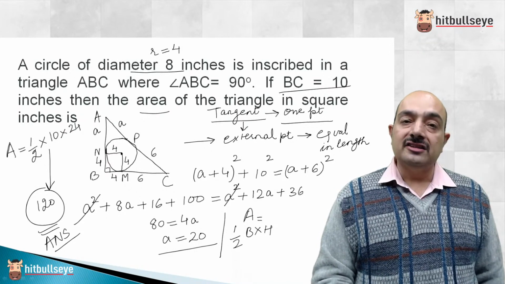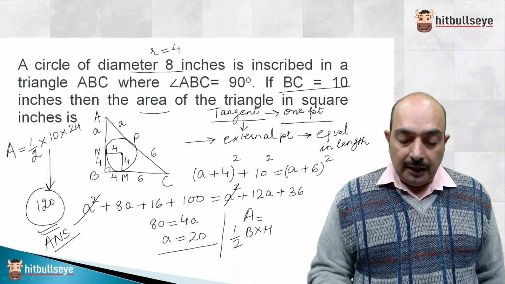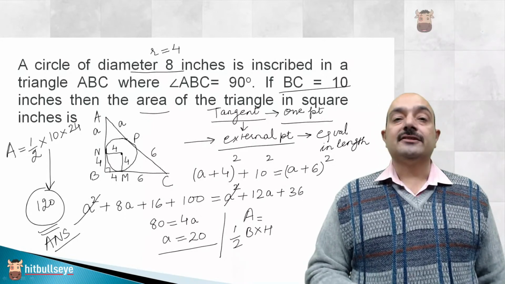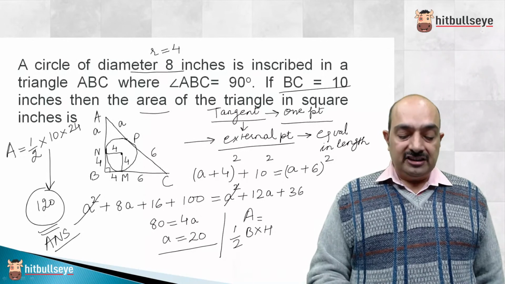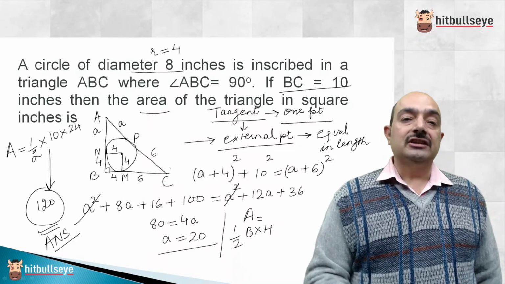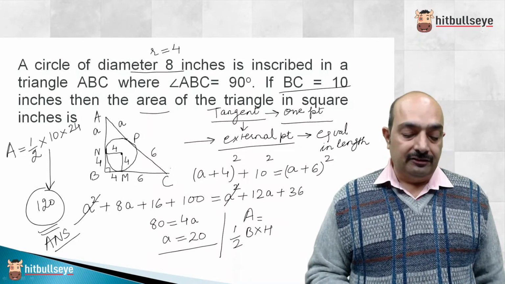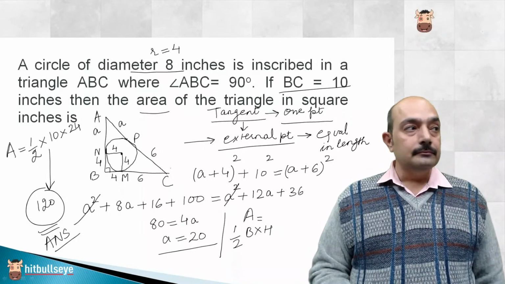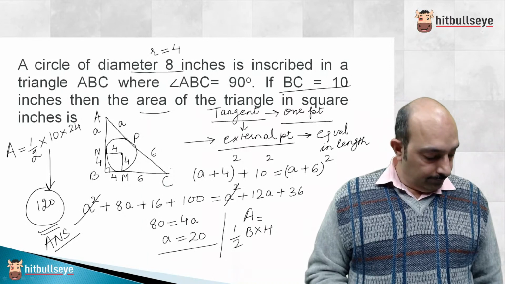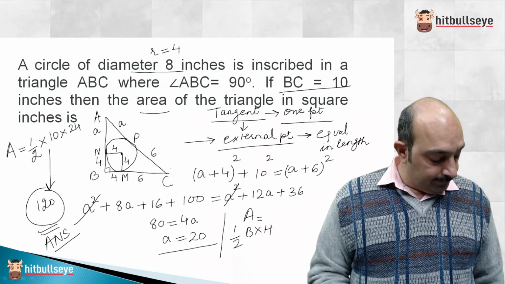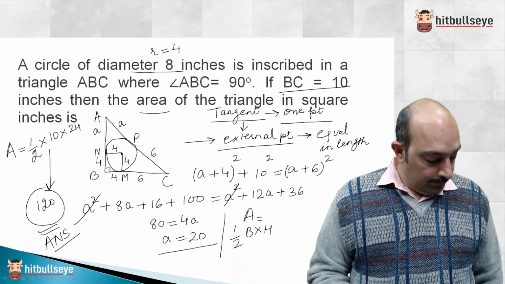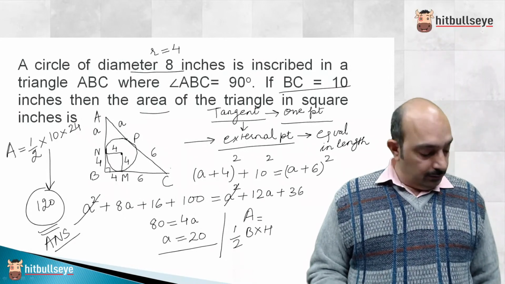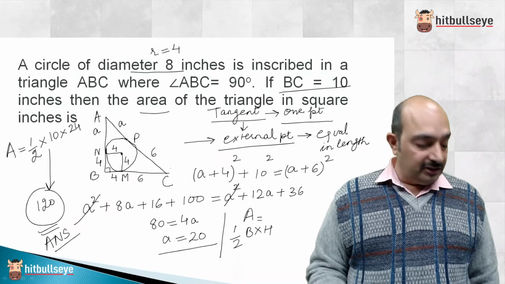I have used Pythagoras, nothing else. Apart from that, I have used one property, which is that tangents from an exterior point to the same circle will always be equal in length. Yes, Manish, I hope this is clear. Everybody agree, please? Yes, Manvi, I hope this is clear to you also. I hope this is sorted.